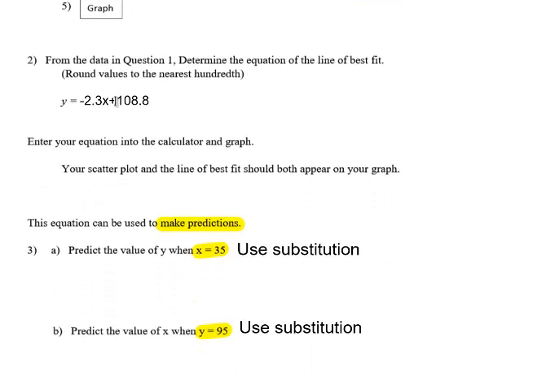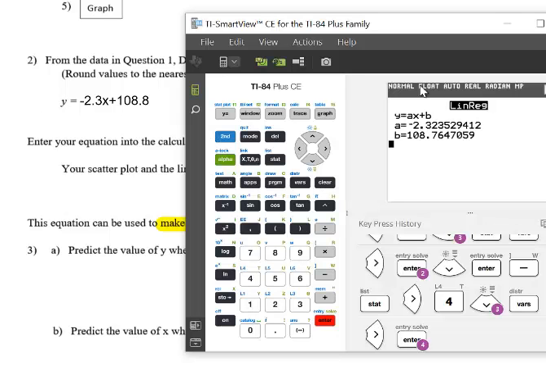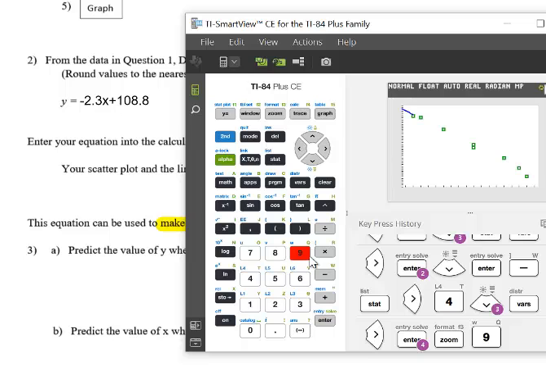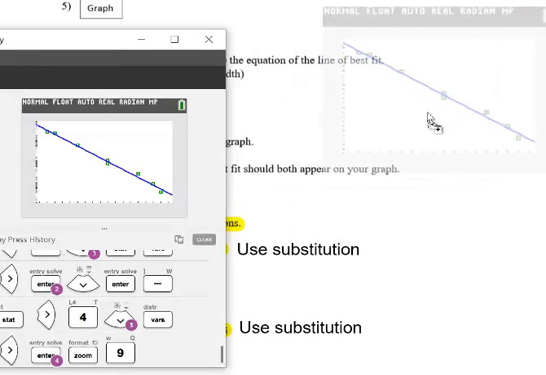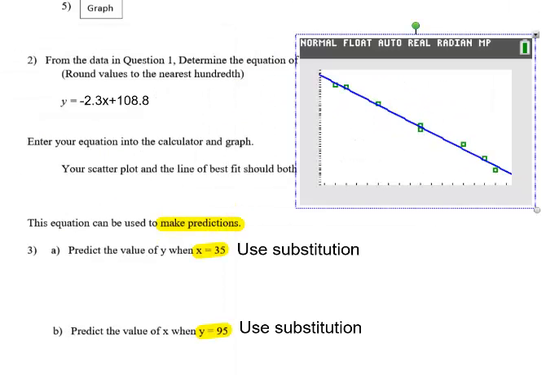So if we were to graph that on the scatter plot, it would look something like the blue line that I just drew. But our calculator can actually draw it in for us. So let's check it out. Zoom 9. Oh yeah, those look pretty close if I do say so myself. So there's that one.